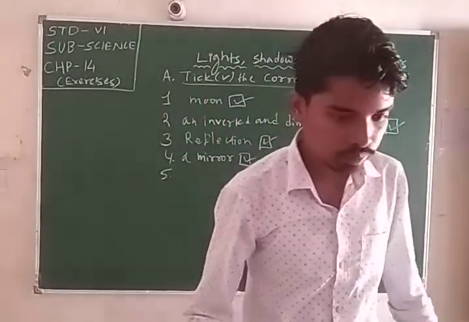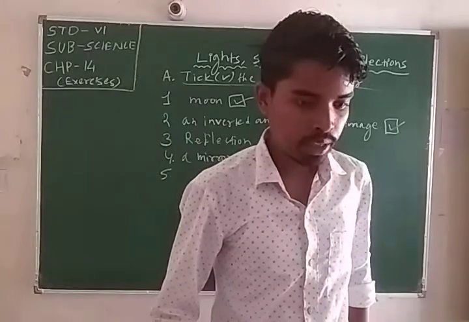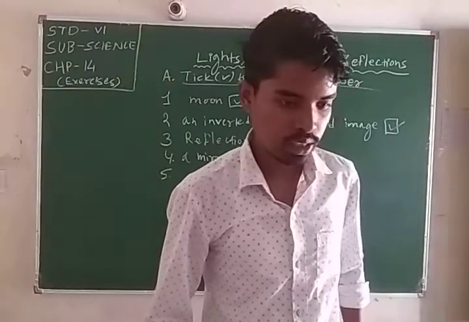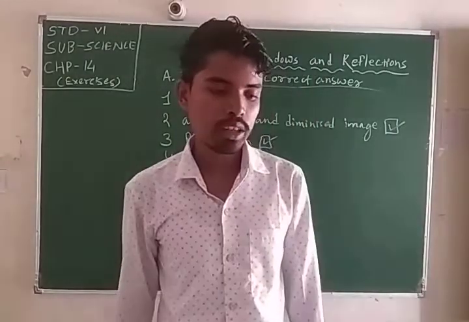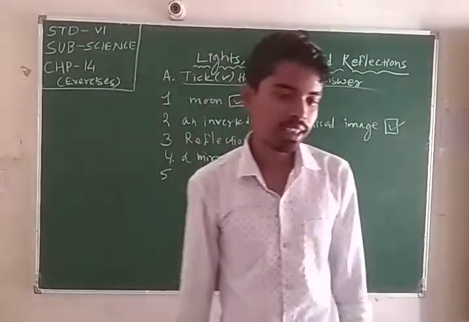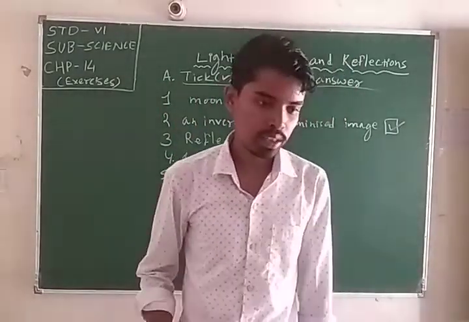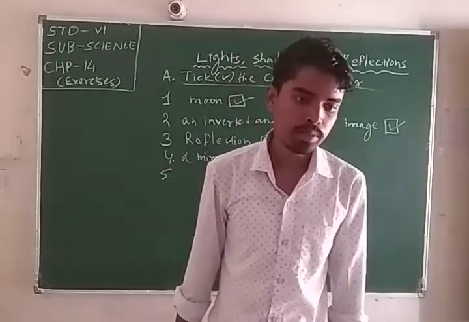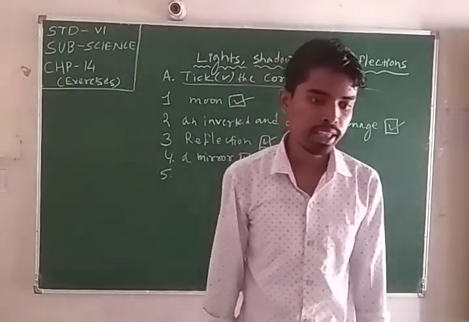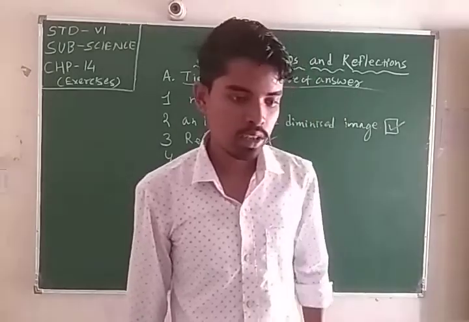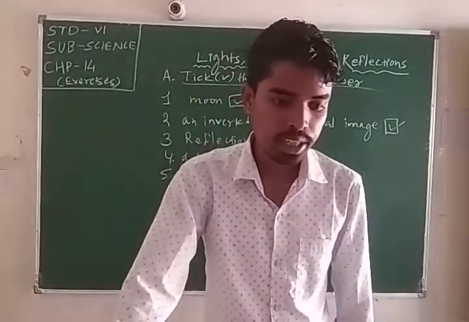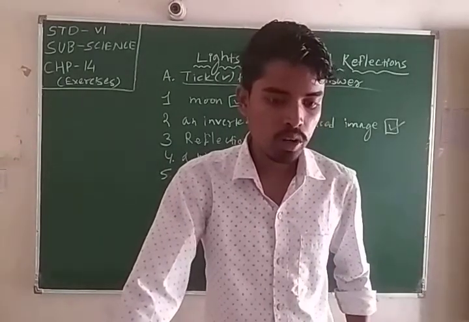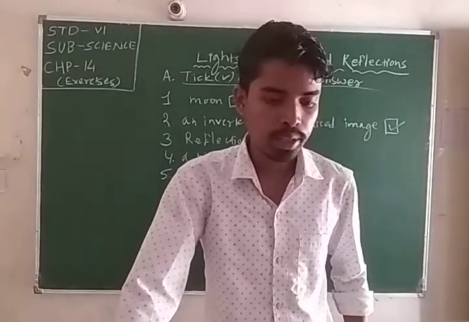Number 8: an example of a transparent object is. A transparent object is one that light can pass through. The options are A, clear glass; B, a piece of wood; C, a metal sheet; D, a mirror.